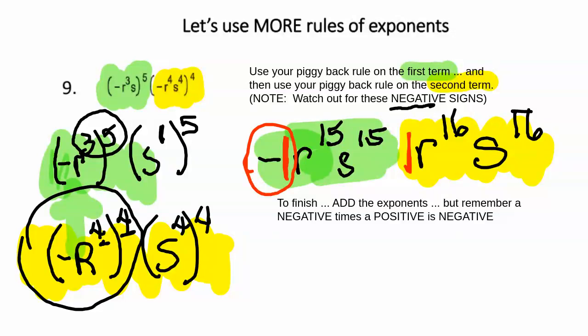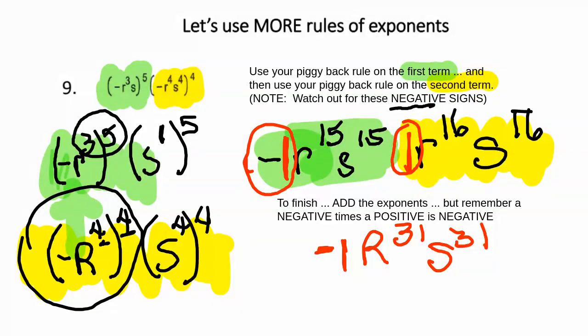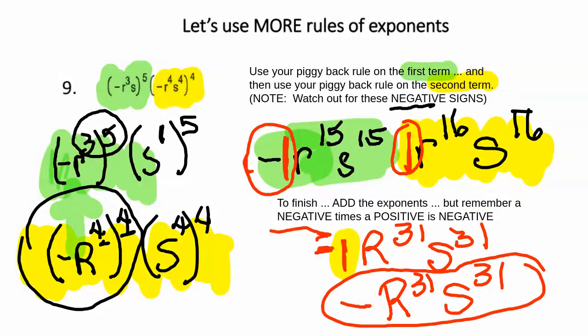This -1 and this +1 is where the -1 comes in. This will give me r to the 31st power, s to the 31st power. And remember, mathematicians don't like to write the number 1. So my answer is negative r 31st s to the 31st. This is my answer with this 1 understood.